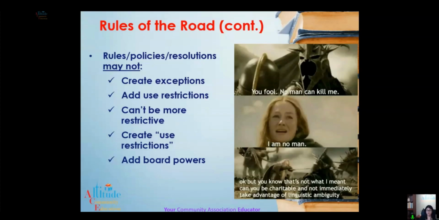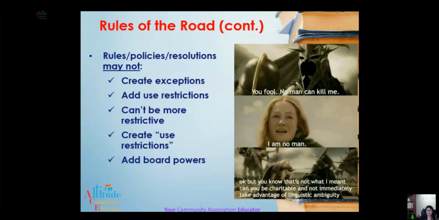Not all the time, but most of the time. There are certain things you can do with leasing, such as if your documents say you have to provide a copy of the lease to the association, you could have a rule saying the lease needs to be provided within X amount of time, and this is how you submit it. But you can't have anything really beyond that.